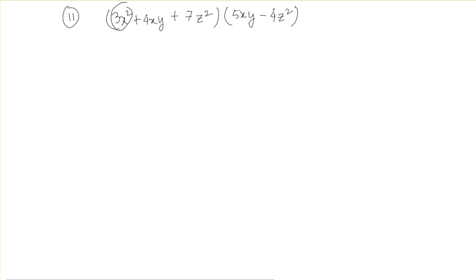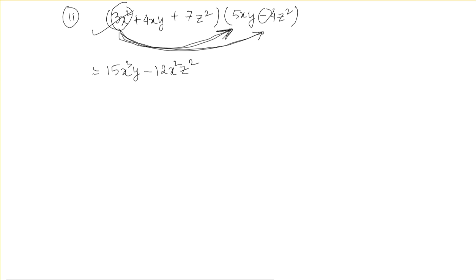First of all, 3x square will be multiplied to both of these, that is 15x cube y. This is multiplied to this, 3 5s are 15, x square times x is x cubed, and then y. Thereafter 3x square is multiplied to this, there is a minus, no minus sign here, so plus and minus, that is minus 3 4s are 12, x square z square. We are done with this.